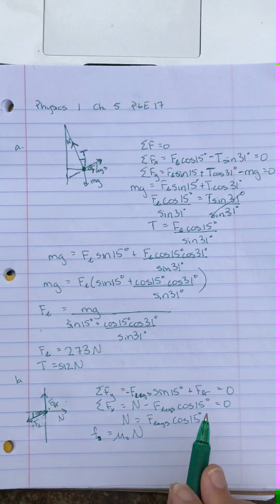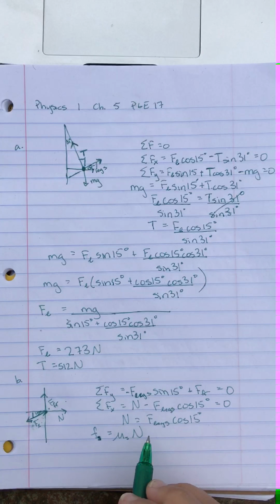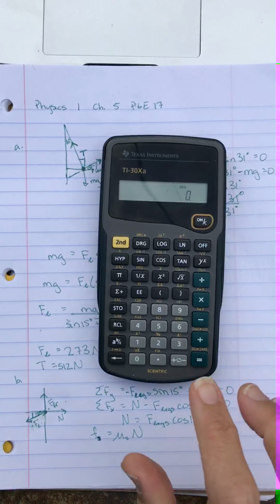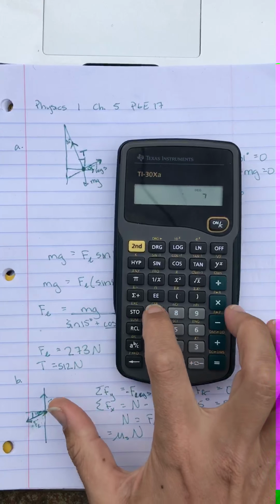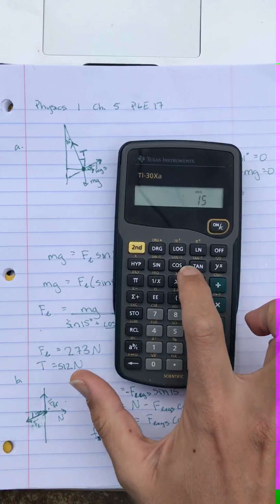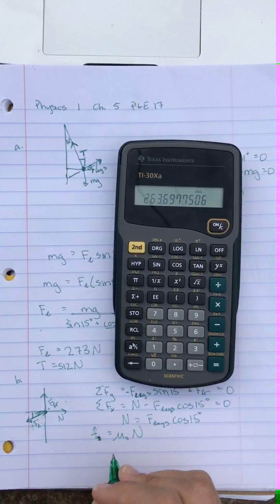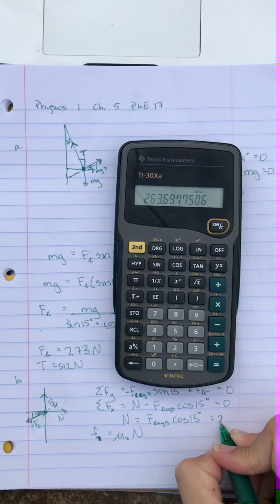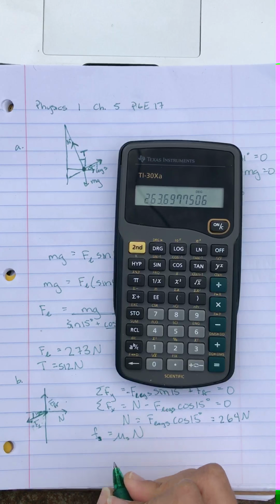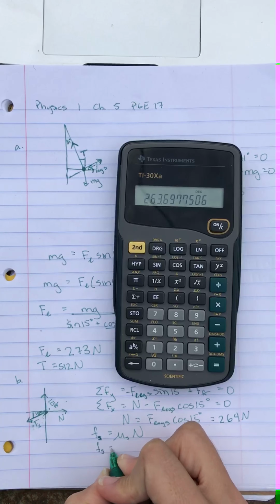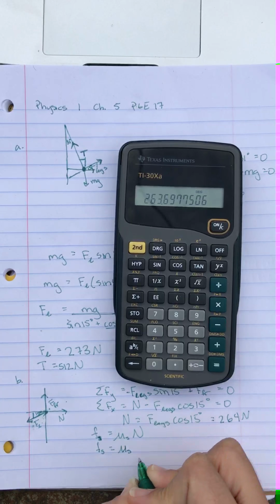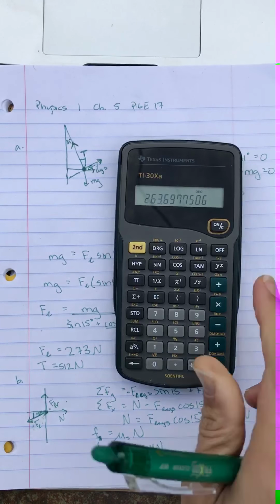Now we can just plug in, I'm just going to get us a number for n. So we've got the force of the legs, which is 273 times cosine of 15. So this is going to equal 264 newtons. So then our friction is going to be mu s times 264 newtons.